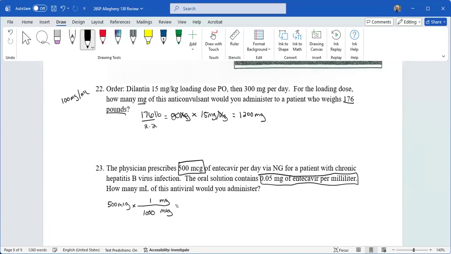So that tells you we're dividing by 1,000. You're going to get 0.5 milligrams as my order. Then I'm just going to divide by the 0.05 milligrams times the 1 ml. So now I've switched into ordered over available, and then we get 10 ml.